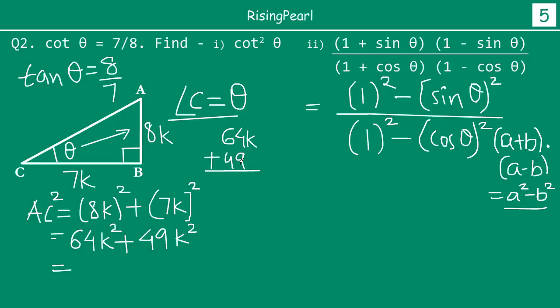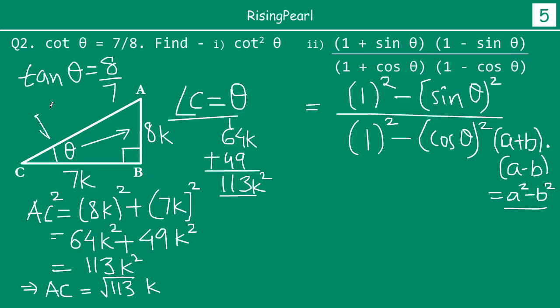So 4 plus 9, 13, 1, 113. So it will be 113k square. So I have got 113k square. So from here we can say that AC then is equal to square root of 113 times k. So this value is square root of 113 times k.